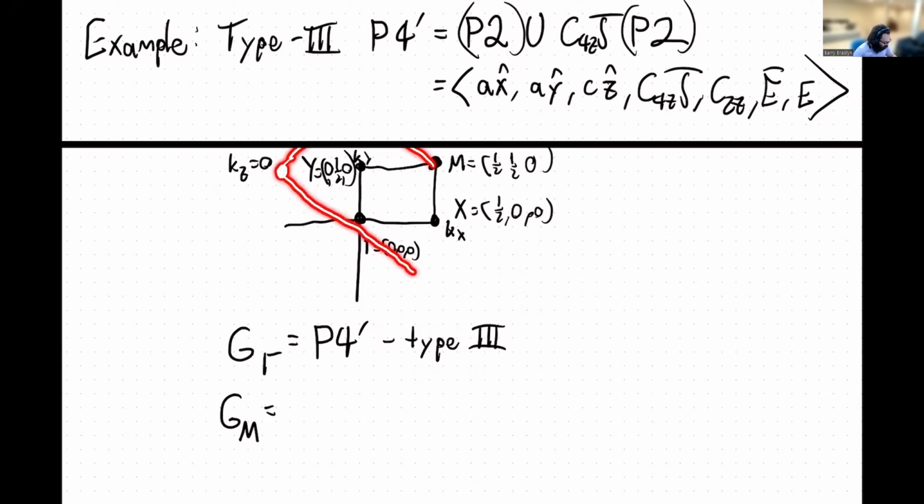And then time reversal takes it down here. But this point down here differs from M by one of our reciprocal lattice vectors. We just translate by 1 in the y direction. So this M point is invariant under C4 times time reversal. And that means that the little group of the M point contains all of our rotations as well. It's also a type 3 group.